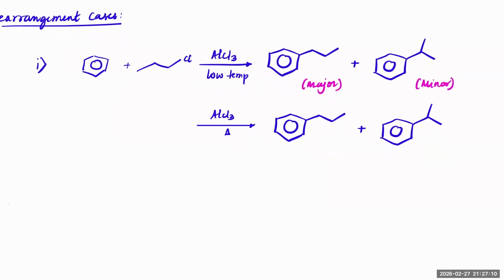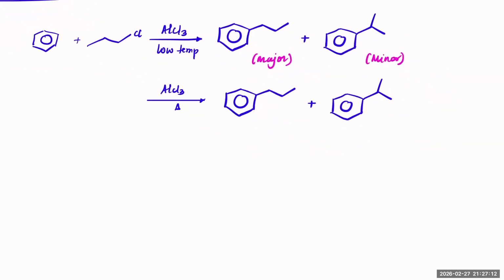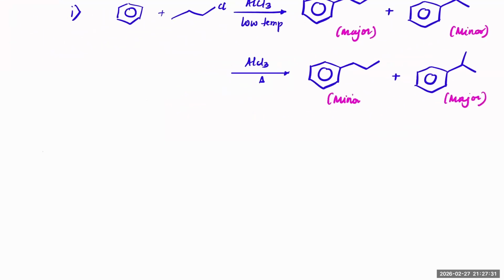But if you notice the same case here, if you are heating it, that means you are providing sufficient temperature. In that case, it will get enough energy to break, and this becomes a minor product and this becomes a major product. See the mechanism itself, you can see how the rearrangement takes place when you react with AlCl3.